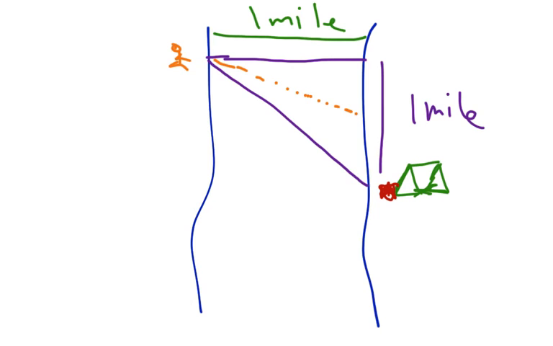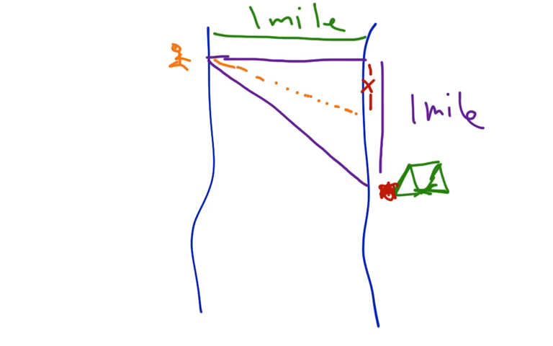So here's our campground, our fire, and we've got to figure out how to do this. So let's suppose for a moment that we are going to swim across to some point that's not directly across, and the distance is going to be x. And so this distance here is going to be x. So I'm going to swim to some point on the opposite riverbank that's x units down from being directly across.